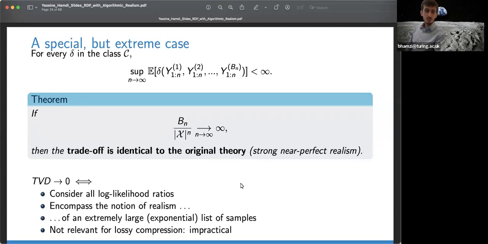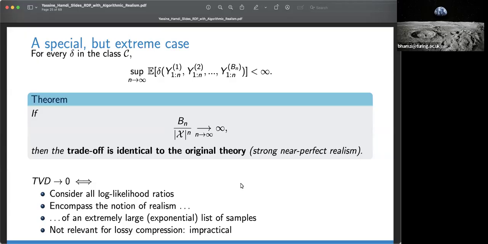So what this says is that the initial idea, to look at the distribution of reconstructions and make it match the distribution of the source, was indeed measuring realism, because it was equivalent to our constraint here, where you look at all logarithmic ratios, which encompasses the notion of realism. But realism of what?